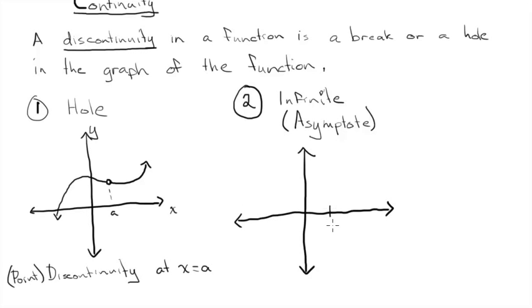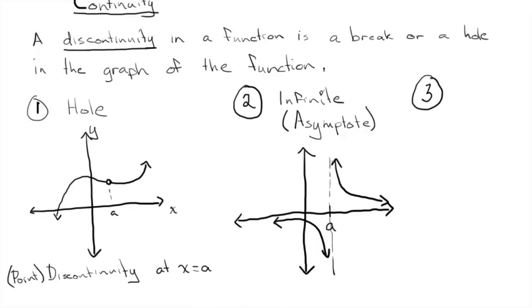So let's say this is the point a. Got a vertical asymptote here, the value x equals a. So something like this. The function is not continuous there, so it's not continuous again at x equals a. And we call that an infinite discontinuity.